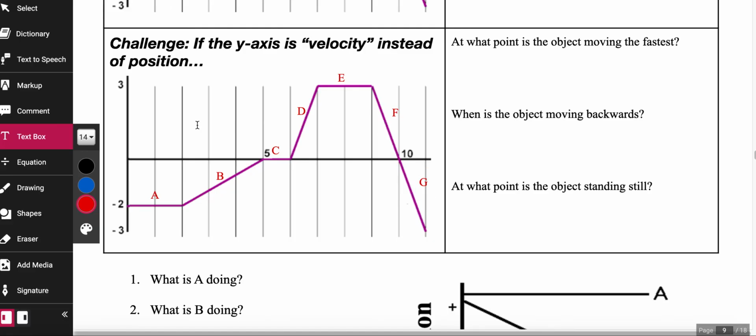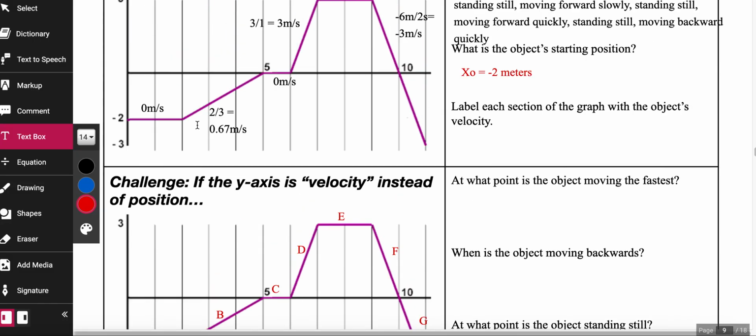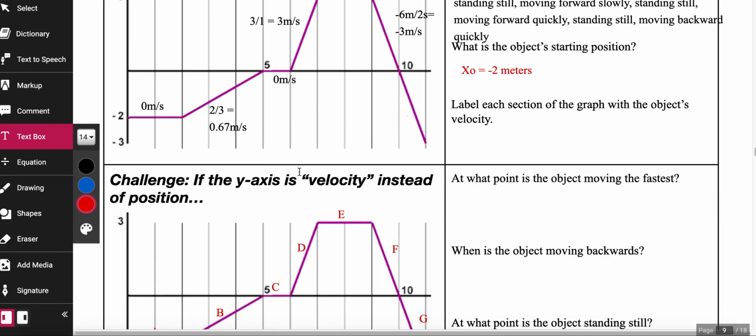And again, I want us to think about what our y-axis means and how that shifts what this graph says. So where is the object moving the fastest? Okay, so if we have a flat line on a position time graph, that means that we have a constant position, right? That's what we were saying up here. Down here at this first flat line, we have a constant position because our y-axis says position, right?